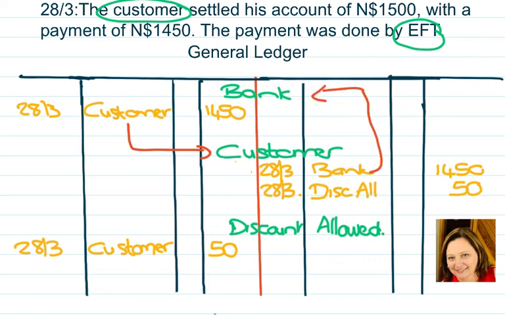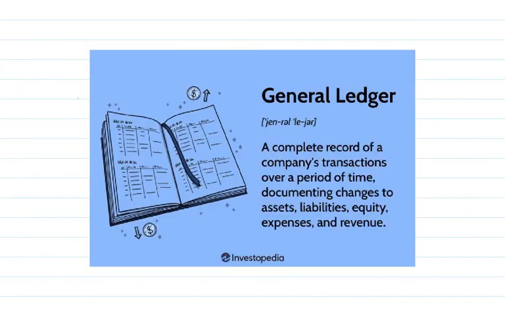There's my contra account. Then also in my customer account, I have discount allowed. And in my discount allowed account, I have customer. So there you will see that the details for a certain entry, that account name, always relates to my contra account.